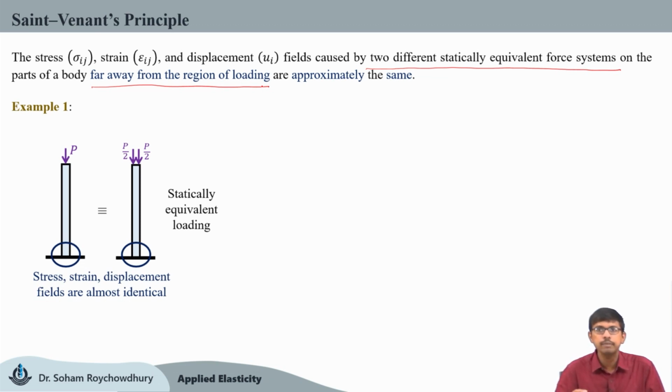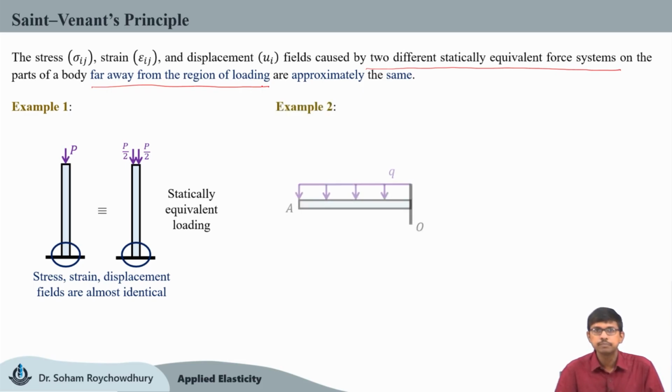We would not be able to distinguish between the results at those two base points for the two systems with statically equivalent loading. So, stress, strain and displacement fields would be almost identical at the base of both the systems when that base point is far away from the point of loading. This is called the Saint-Venant's principle.